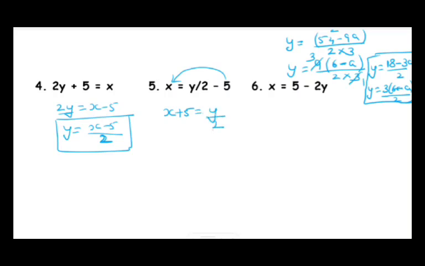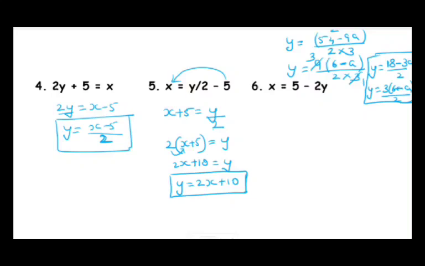Then, since it's in the denominator symbolizing division, when it moves from the left hand side to the right hand side, the 2 will multiply with the whole. So 2x plus 10 is equal to y. Let's bring y on the left hand side. That's how y becomes the subject.